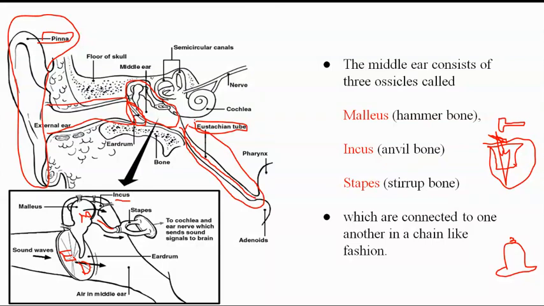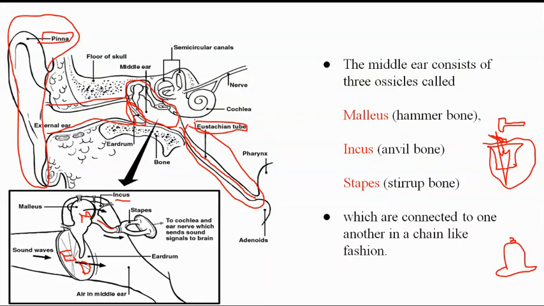These vibrations bring about movement even in this middle ear, and these sounds are transmitted into the inner ear. For this vibration to occur, we need to have equal pressure on either side of the eardrum.